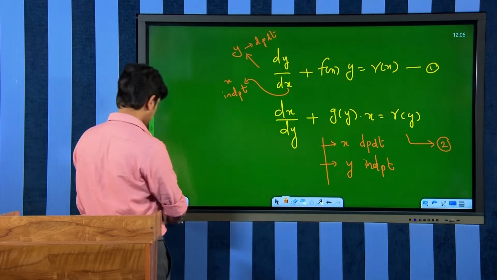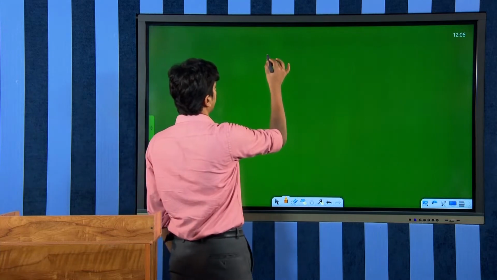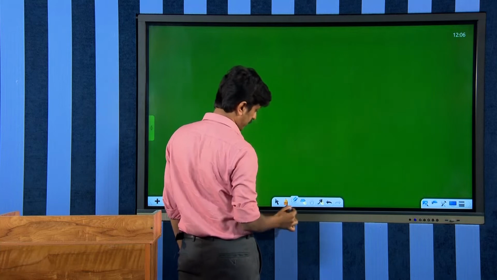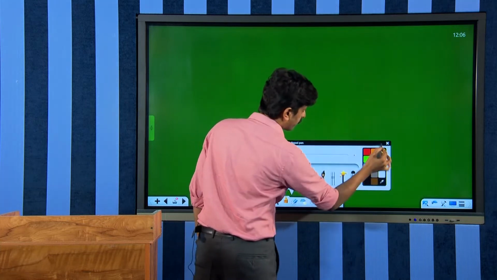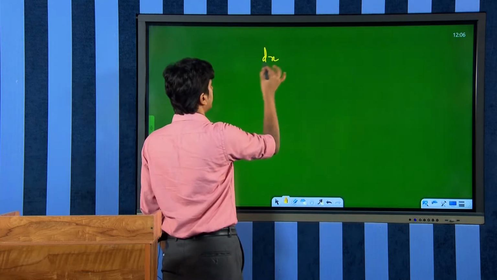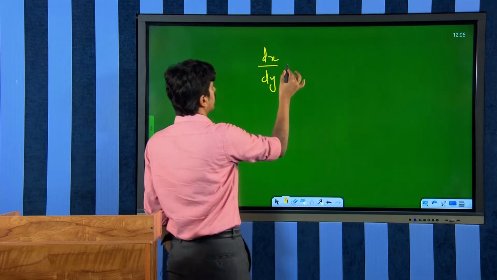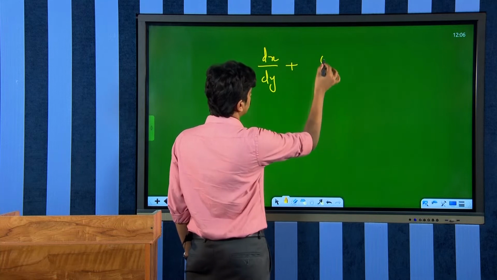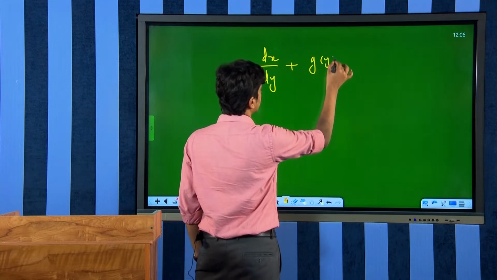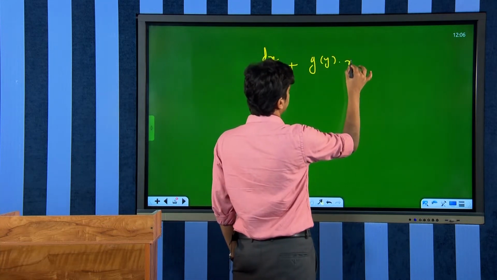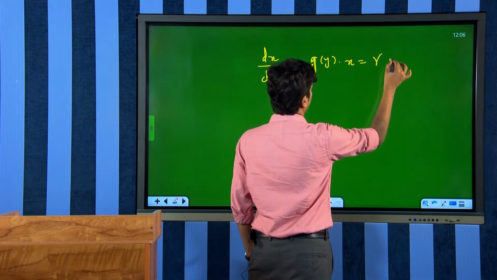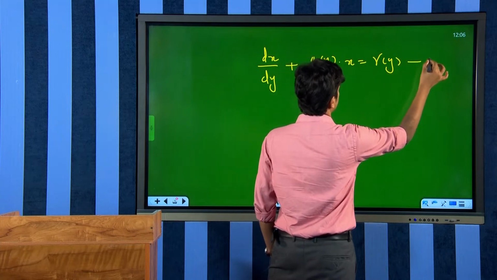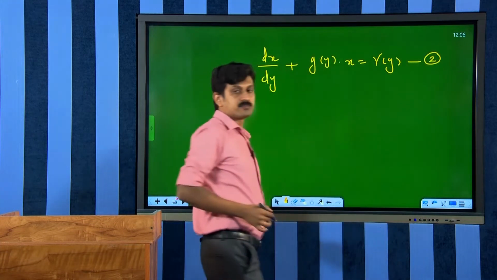In this case we will have dx by dy plus some g of y into x is equal to some r of y. This is our equation number 2.